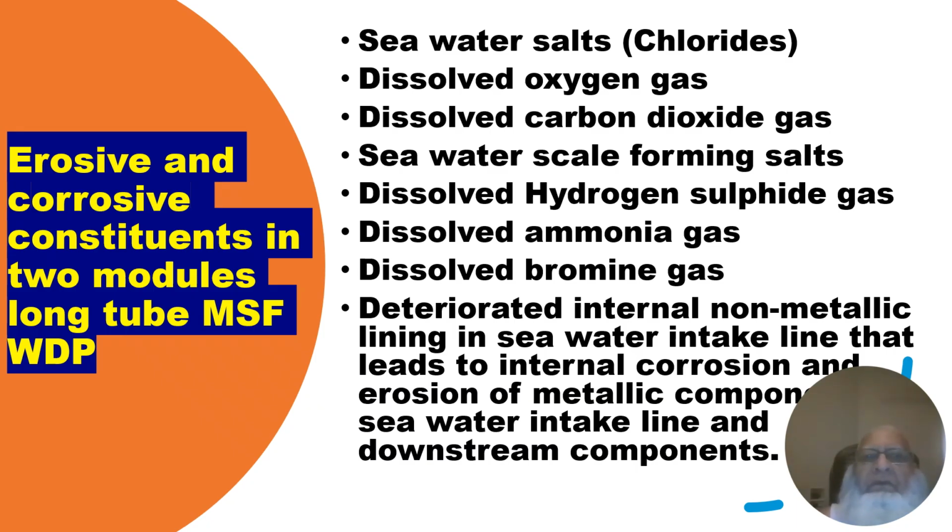Seawater source, mainly chlorides, dissolved oxygen gas, dissolved carbon dioxide gas, seawater scale forming salts, dissolved hydrogen sulfide gas, dissolved ammonia gas, dissolved bromine gas, deteriorated internal non-metallic lining in seawater intake line that leads to internal corrosion and erosion of metallic components used in the seawater intake line and downstream components.